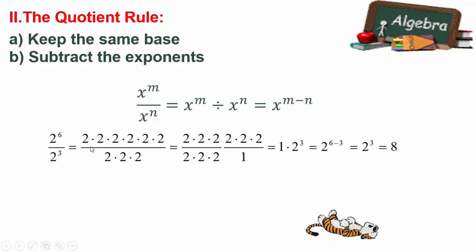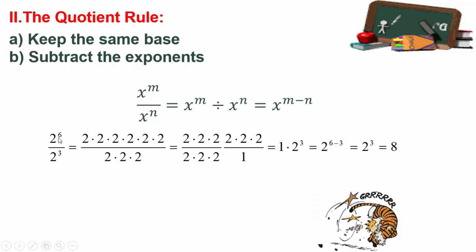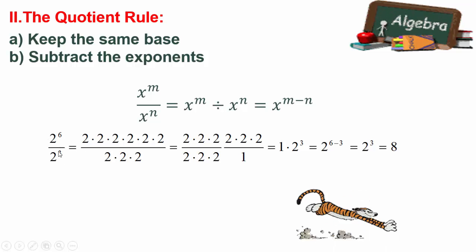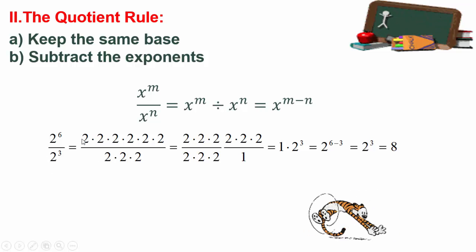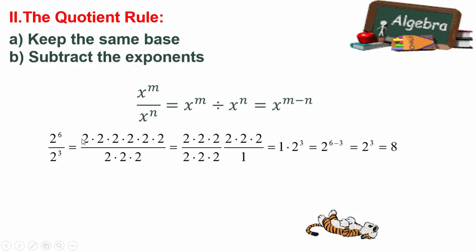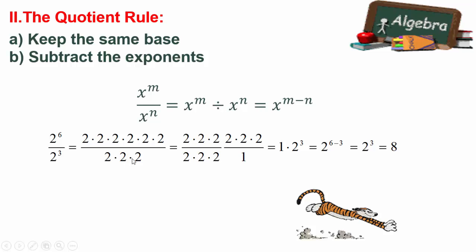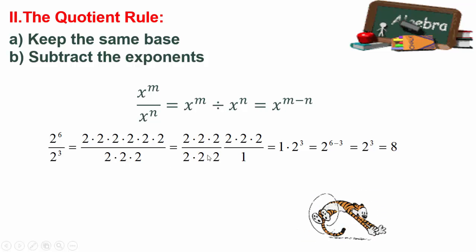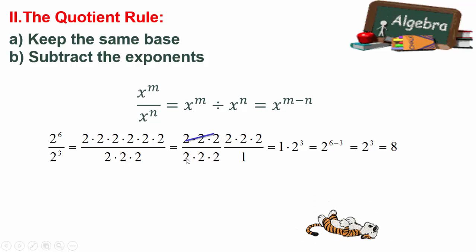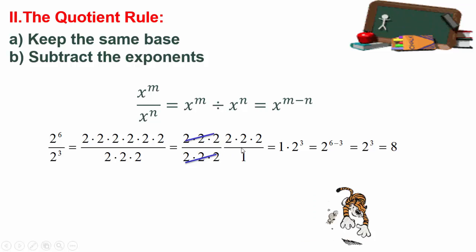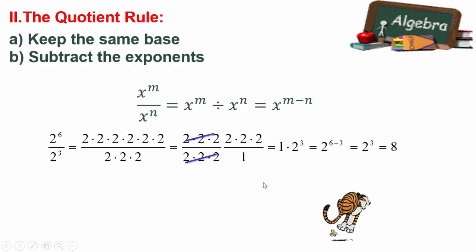So, for example, the reason we can do this: if we have 2 to the 6th power divided by 2 to the 3rd, 2 to the 6th power means 2 times 2 times 2 times 2 times 2 times 2, and 2 to the 3rd is 2 times 2 times 2. Then I can cancel out 3 of these 2s from the top, 3 from the bottom, and I put this 1 in here as a placeholder.